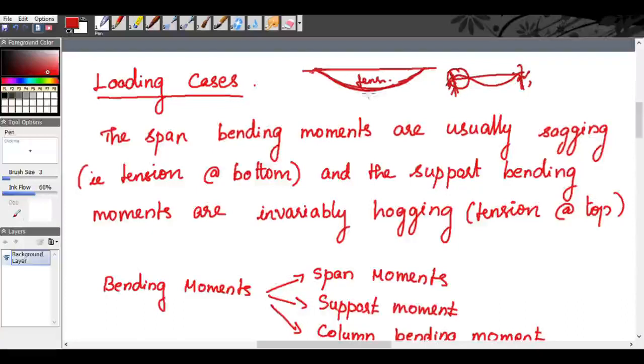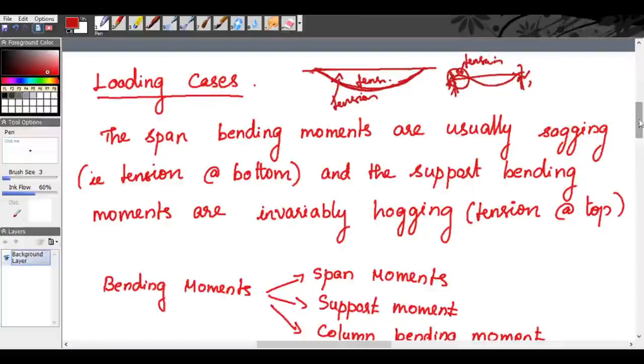So in the span we have tension at the bottom, and in the support we have tension at the top. So the span bending moments are usually sagging, that is tension at the bottom, and the support bending moments are invariably hogging, that is tension at top.